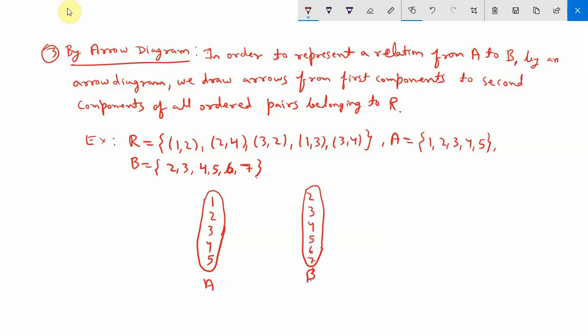And if we see all the ordered pairs of set R, 1 is related to 2, so first we will link 1 to 2.